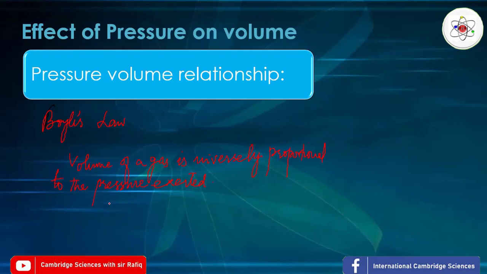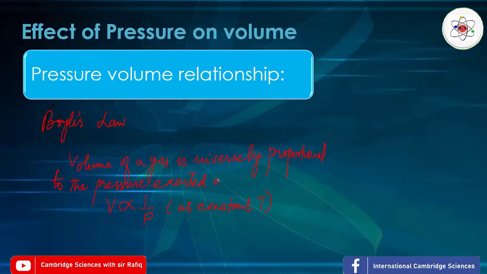So we can say that V is inversely proportional to P, and the term should be at constant temperature. This is the condition, because temperature also has an effect on volume, so we have to keep this variable constant.